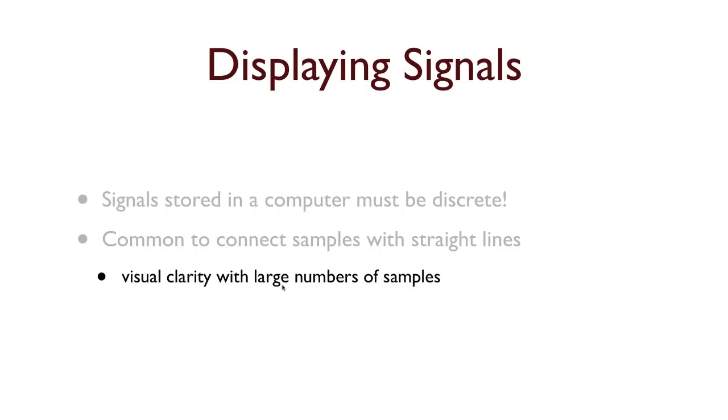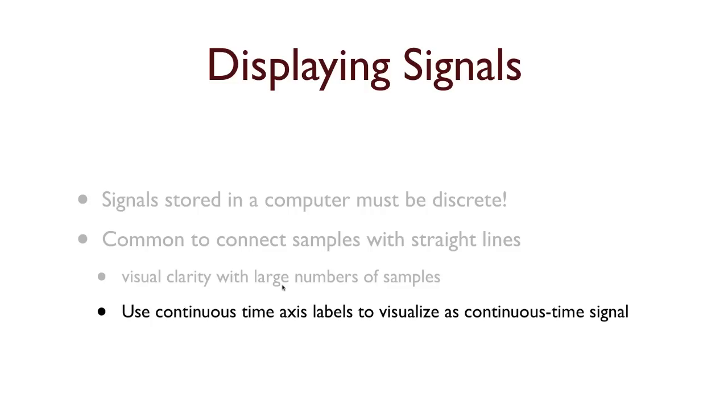Whereas if you connect the samples with a straight line, you get a much better picture. And you can also then label the time at which each sample occurs along the axis so that it gets visualized as if it is a continuous time signal, even though it's a discrete set of samples that you put into the computer.